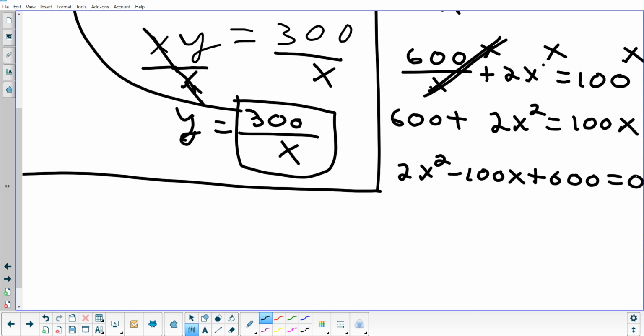Does anyone see what we could do that would maybe make the factoring easier if it's factorable? Bailey? Divide everything by 2. Yeah, we can divide everything by 2. I mean, it doesn't make it that much smaller, but it makes it a little smaller. So x squared minus 50x plus 300 equals 0.